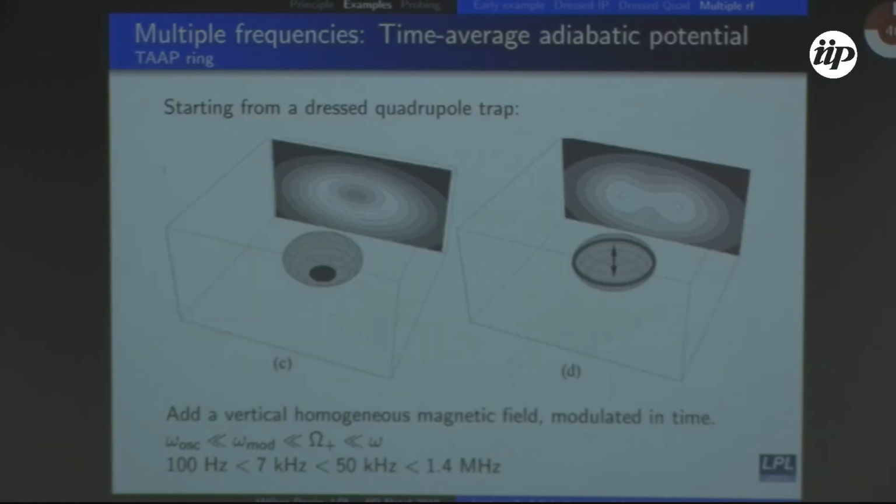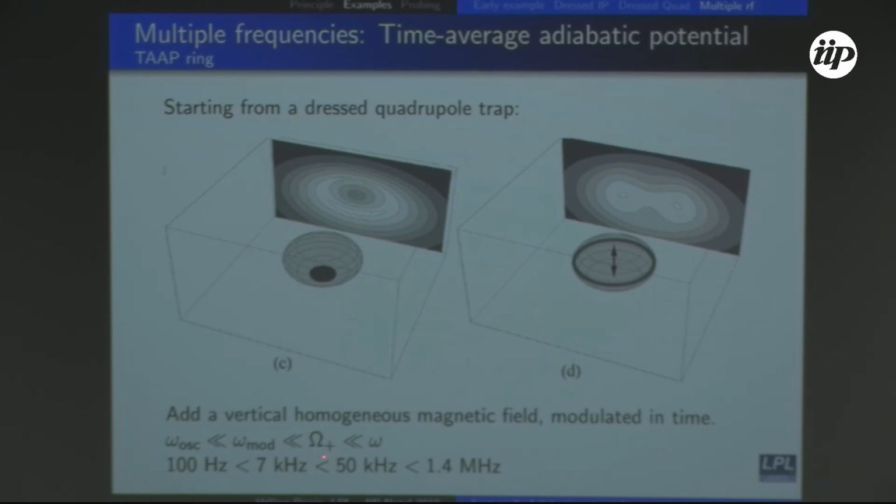Okay, and now if we modulate the field, so introduce time dependence, it opens even richer configurations. This was proposed by, again, Igor Lesanovsky and Wolfgang Ketterle. The idea is as follows. You start with a bubble, for example, the quadrupole bubble trap, which is at this frequency with this coupling.